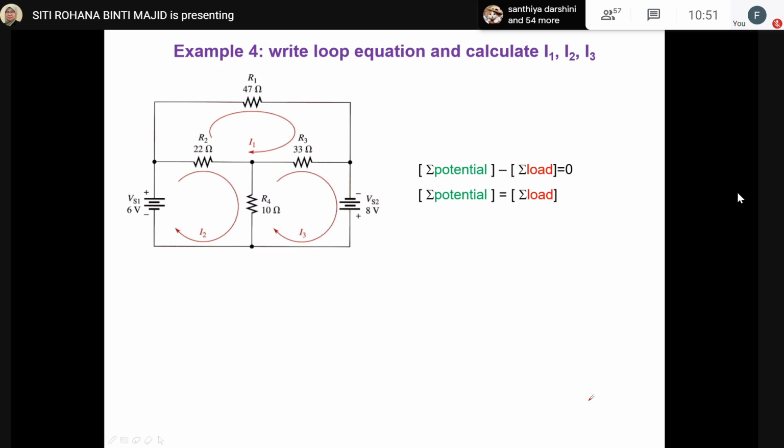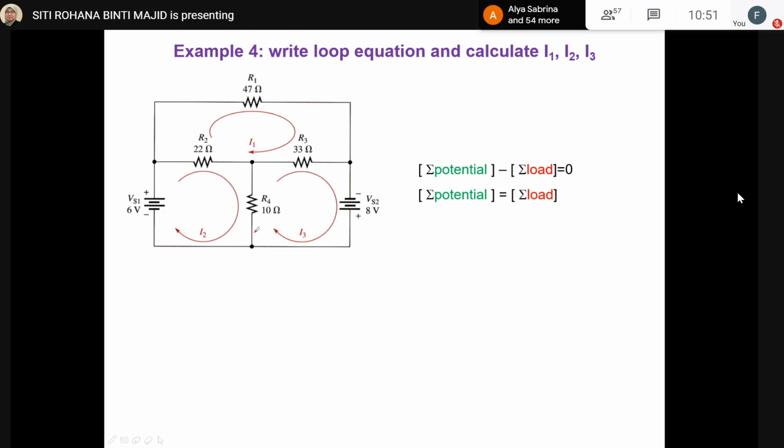Next part, I add another loop in the equation, which means we have three loops. As I told you just now, we check the circuit diagram first. You can see that we have a source here, and then we have a resistor.